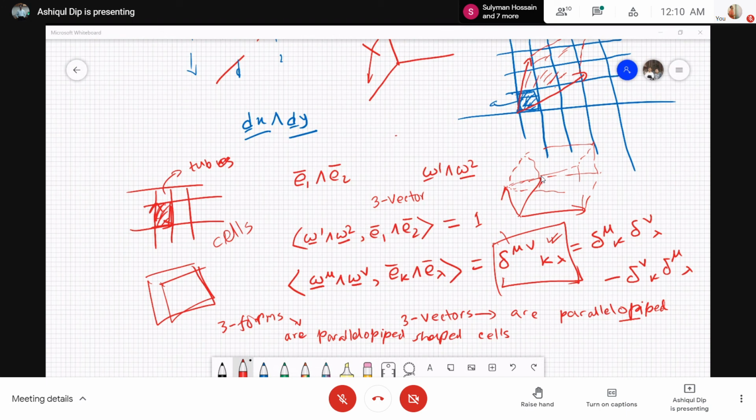Okay, questions. We have seen the 4-dimensional electromagnetic field. Those are basically two-forms. So what do they represent actually? Okay, let's make it more clear.